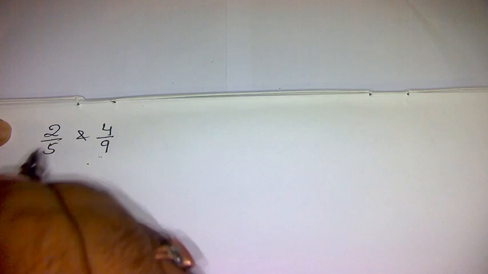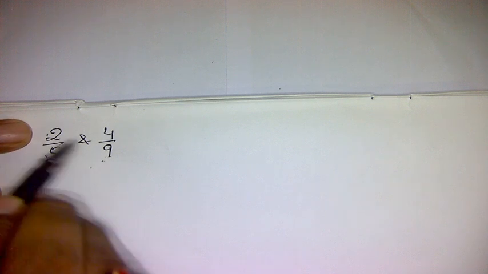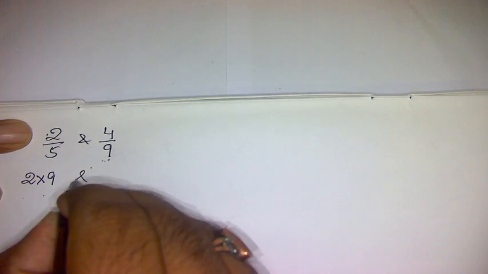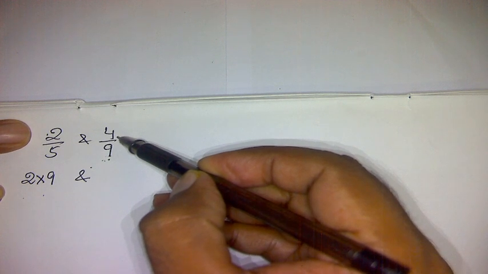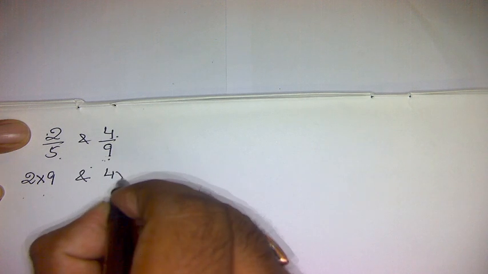If there are only two fractions, what we can do is multiply the numerator of the first fraction with the denominator of the second fraction, that is 2 multiply 9, and multiply the numerator of the second fraction by the denominator of the first fraction, so it becomes 4 multiply 5.